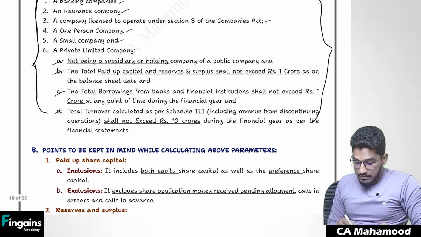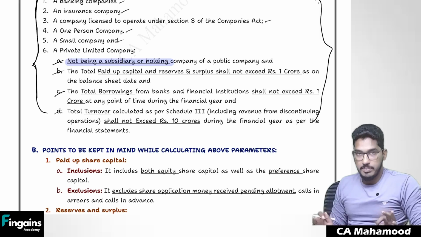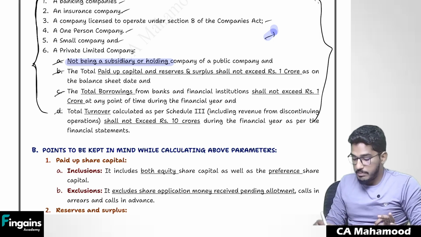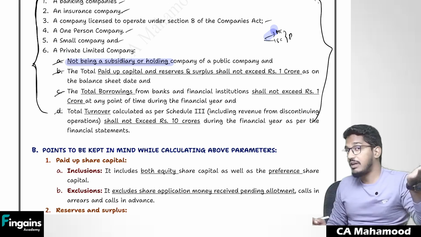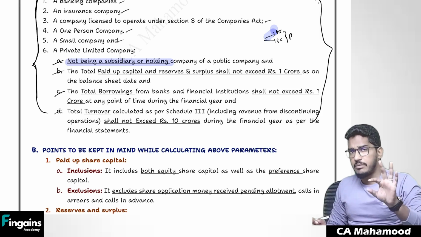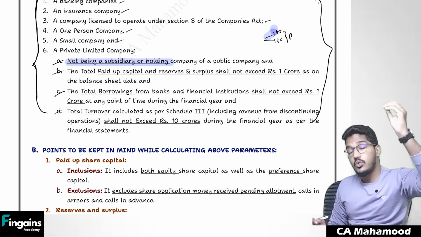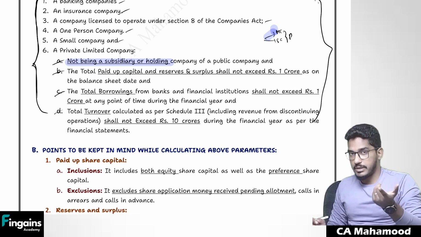A private limited company which should not be a subsidiary or holding of a public company. So your client company, which is a private limited company, should not have a holding company which is a public company. It should not have a subsidiary company which is a public company. I'm not telling you that your client company should not have a holding or subsidiary. Your client private limited company can have a holding company, can have a subsidiary company, but that holding and subsidiary company should not be a public company.